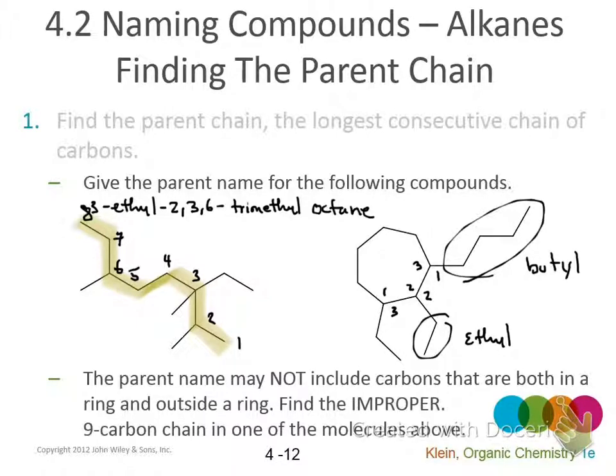Sorry, I was trying to think of other weird examples, but let me finish what we're doing. What I'm going to do is erase the ones on the inside because they don't count. And we'll number 1, 2, 3, 4, 5, 6, and 7. So this is a what? Cycloheptane.